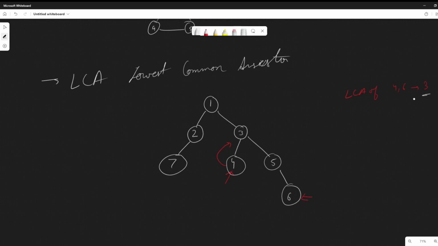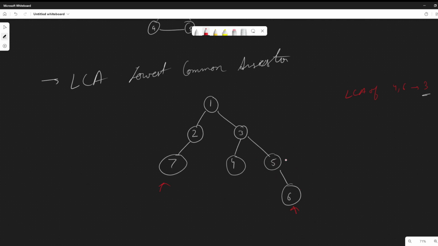children. Let's take another example. If we want to calculate the lowest common ancestor of 7 and 6, what is the first parent which combines both the nodes? So basically we see whether 5 is connected with 7 or not.